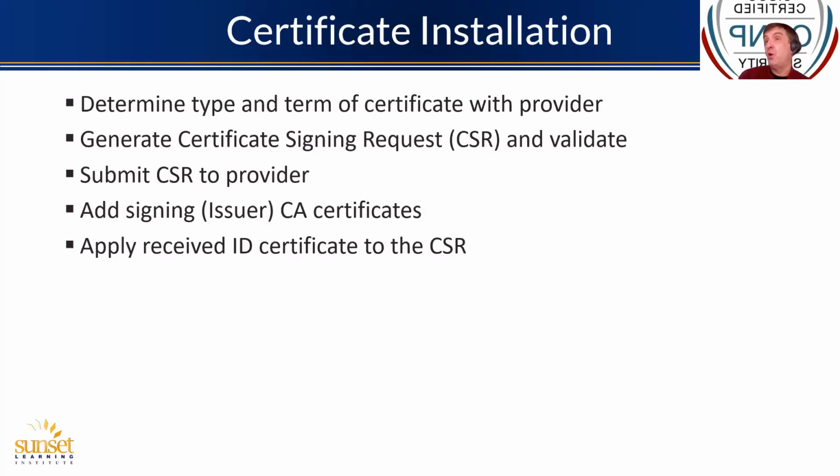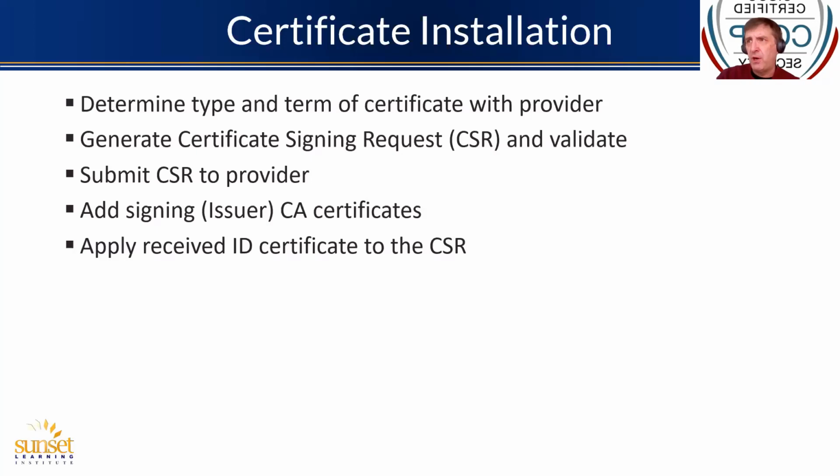So in this case, we need to have those installed on the ASA so we can validate the signature of the ID certificate that we're now about to install. We can't apply the received ID certificate until we install the signing certificates to validate the signature. And that received ID certificate is bound to the CSR that we originally created at step 2.